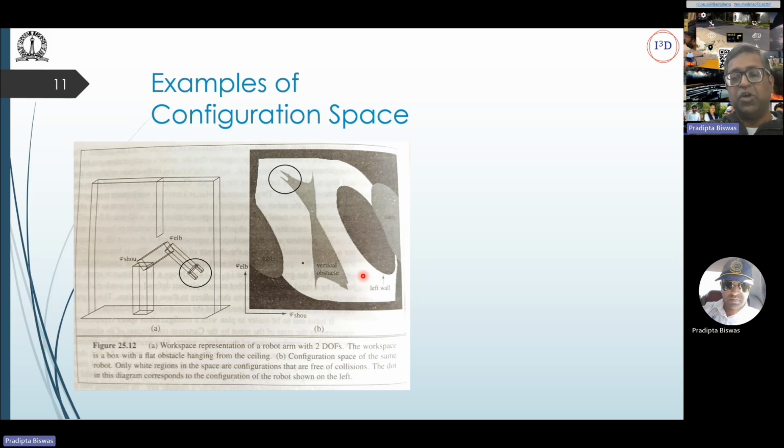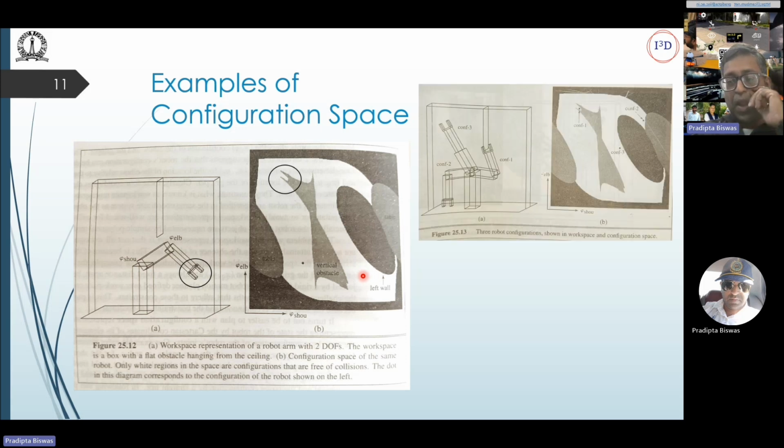Of course, there are some solutions that we will present in subsequent lectures. But I just want to highlight that when we are working in workspace, I can physically see that if I put a geometric shape here, the obstacle is exactly in that shape. But in configuration space, the shape of the free space or obstacle space is determined both by the shape of the obstacle as well as the shape and structure of the bot.